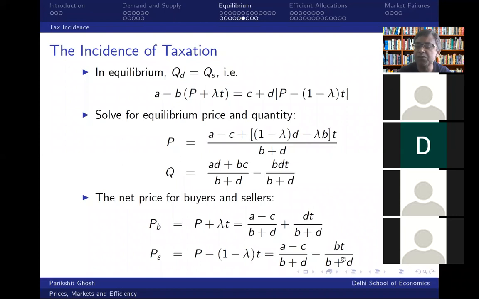If we add up these two fractions, notice the two coefficients in the two lines, they'll add up to 1, right? So you can think of this coefficient as the burden placed on buyers, and this side as the burden placed on sellers, right?